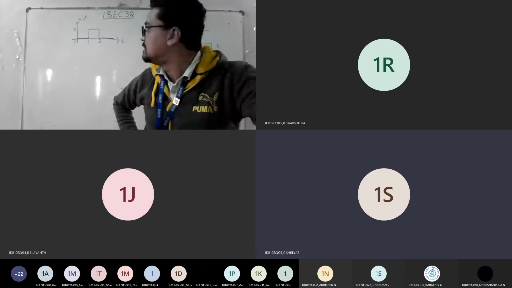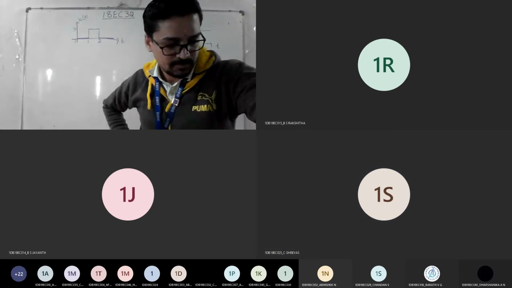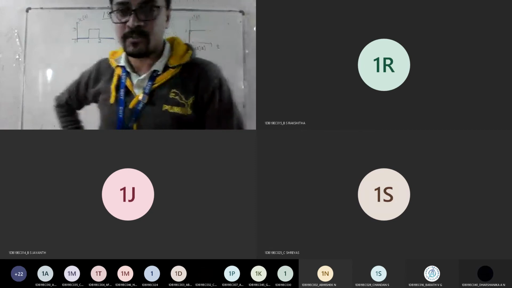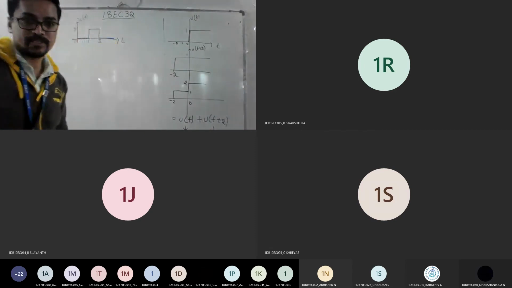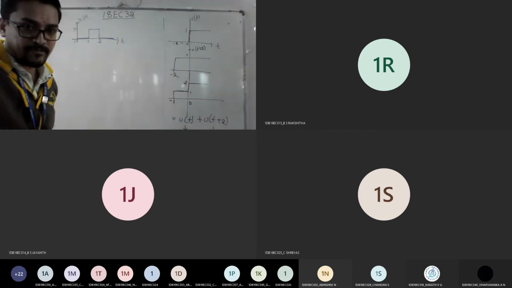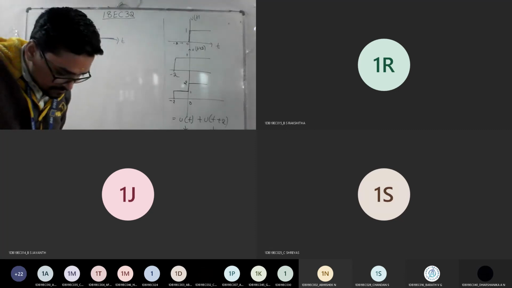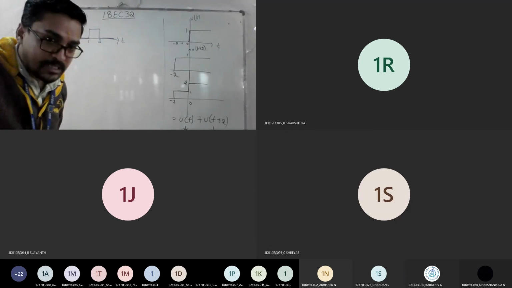If you write that, then you will come to know how to plot it. Can anyone tell me how many separate functions there are? Is it f1 only, or f2 only, or f3 only? So unit step, how much? 3.